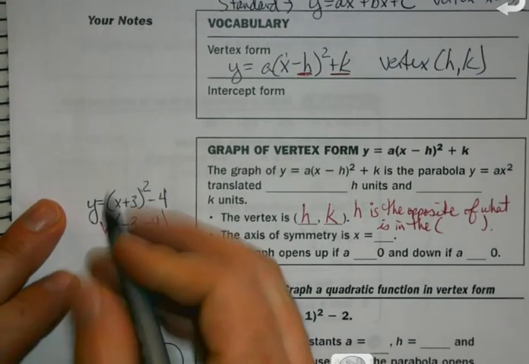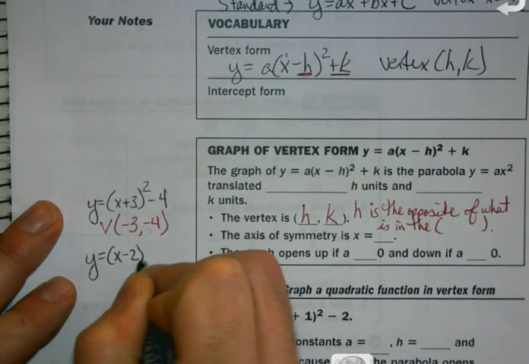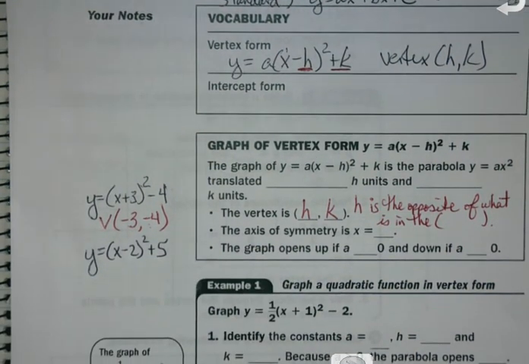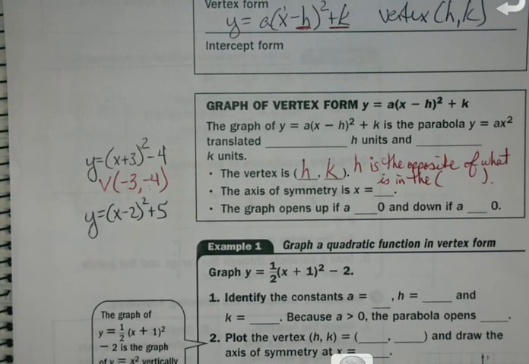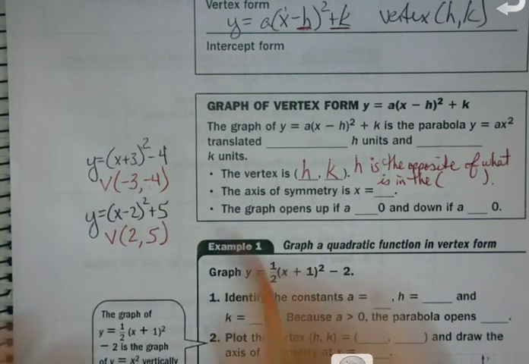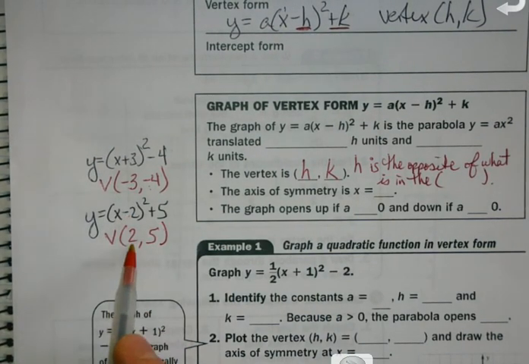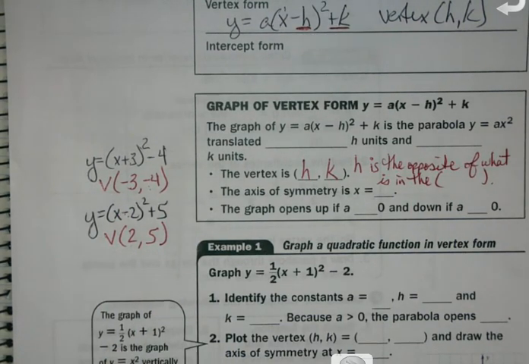In the same way, if I had something that looks like this, y equals the quantity x minus 2 squared plus 5, my vertex would be at (2, 5), because I take the opposite of what I see in the parentheses. So I see -2, I'm going to write down +2. But the number outside stays exactly the way that it is.